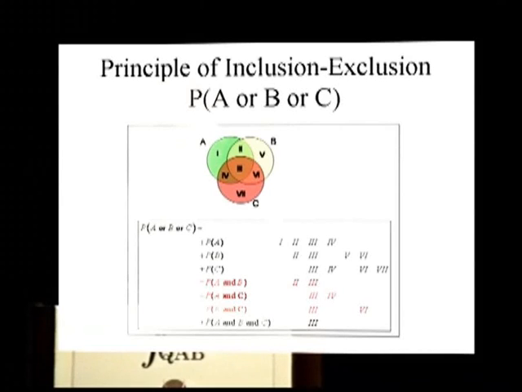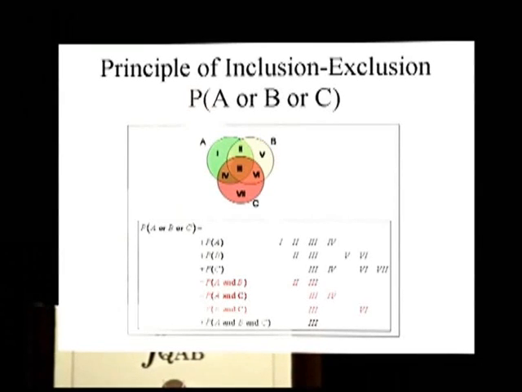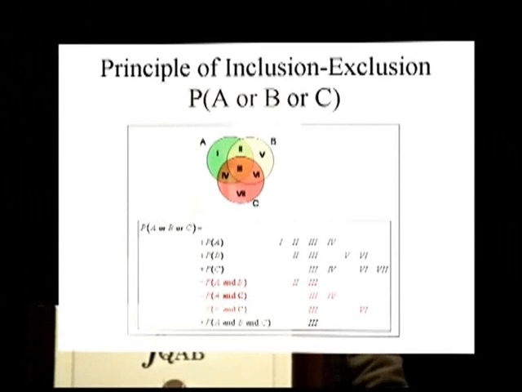It's probability of A, B, and C. You add them. But then you need to exclude, to not overcount, the probability of the pairs. A and B, A and C, B and C. And then you need to include again the probability of the events three at a time. And this is so that you have counted each one of these areas only once. Okay? And this generalizes very nicely.